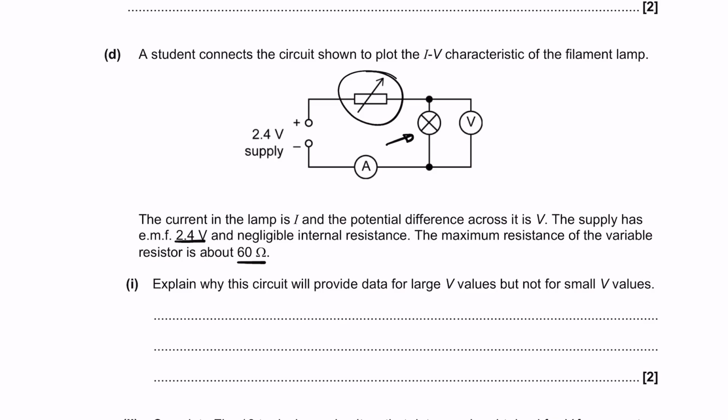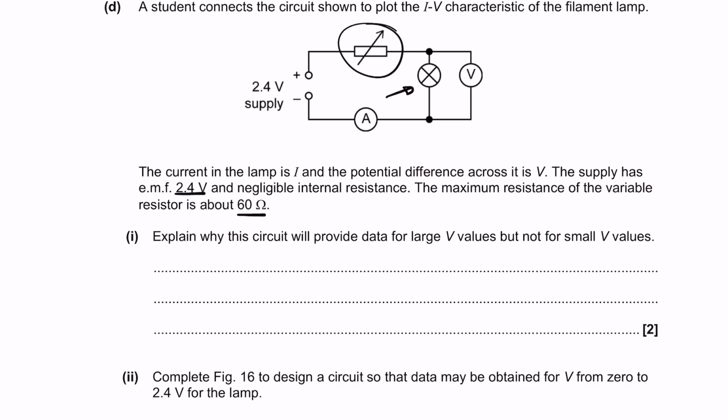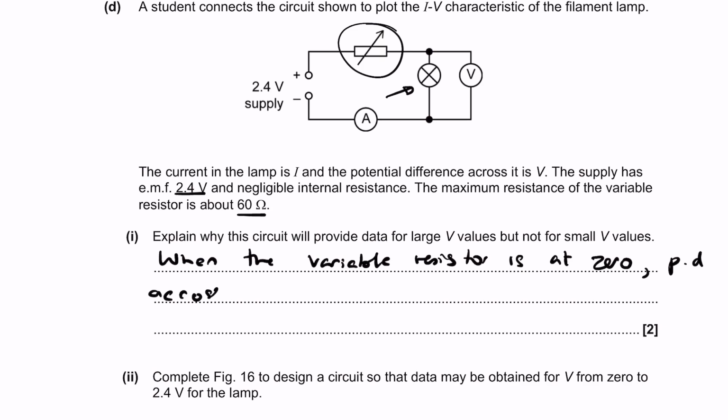So I'm going to say over here that when the variable resistor is at 0, the PD across it will be 0, and so V across the lamp is going to be 2.4 volts.